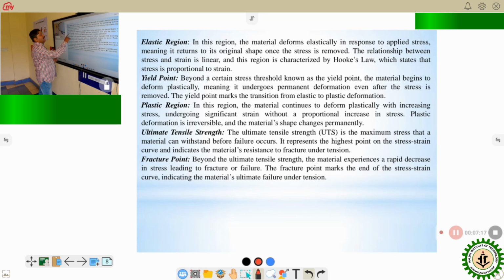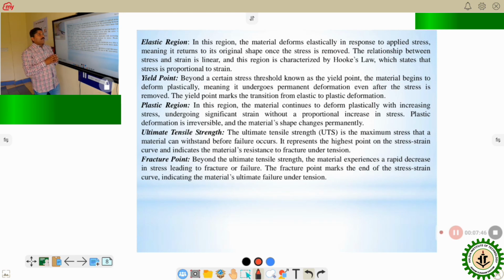Beyond a certain stress, if we increase the stress beyond the proportional limit, what will happen? The material begins to deform plastically. Means now it has entered the plastic region, or we can say it's a transition region from elastic region to plastic region. It undergoes permanent deformation.